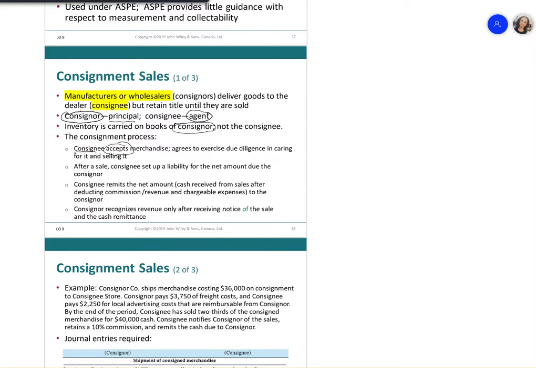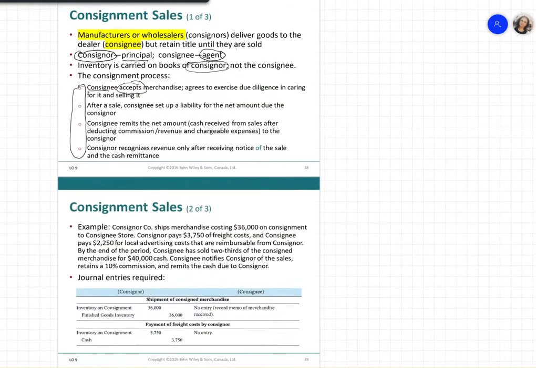This is the process when there is a consignment sale. The best way to do this is with an example, so now we are going to do it in an example.